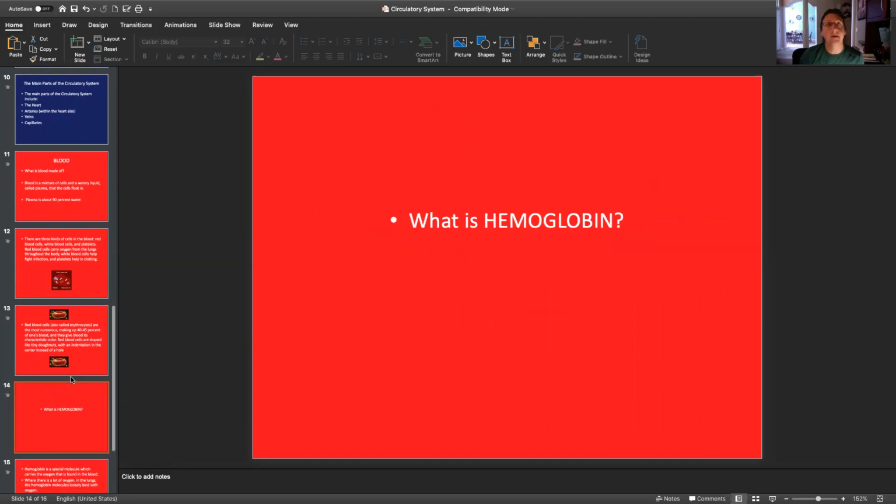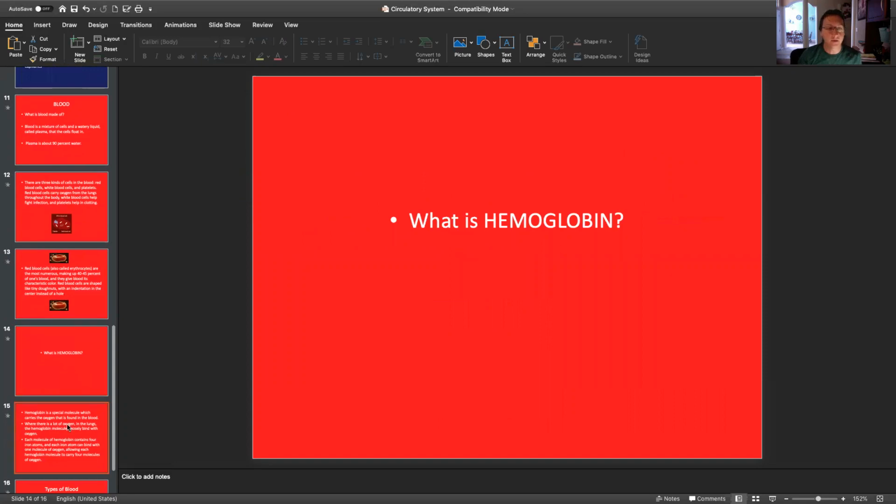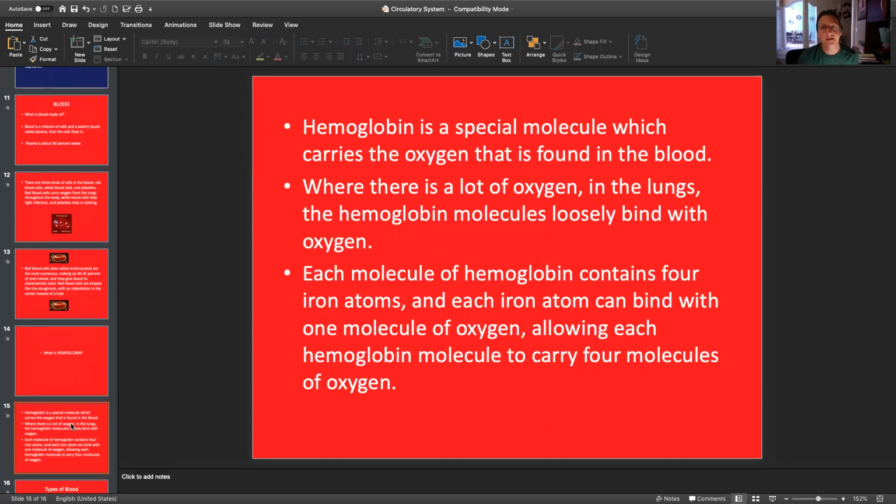Now, when we talk about red blood cells and blood specifically, we have to talk about hemoglobin. Okay, so hemoglobin is a special molecule found in the blood that carries oxygen. So it transports that oxygen for us. Where there is an excess or sufficient oxygen in the lungs, the hemoglobin molecules will loosely bind with the oxygen.